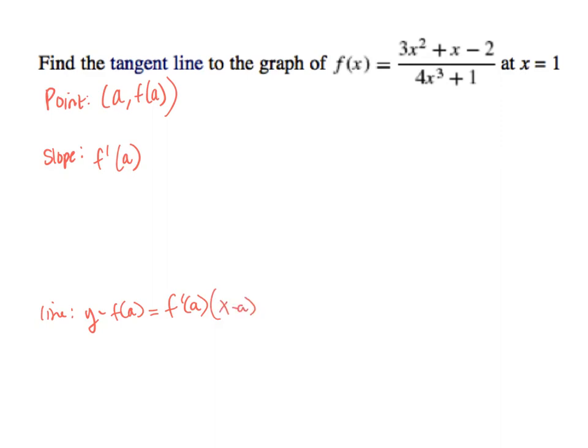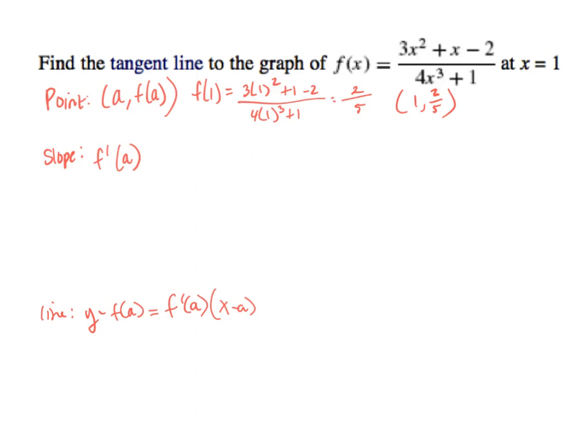So the a value is 1 in this case, so I need to know what f of 1 is. So 3 plus 1 is 4, minus 2 is 2 up top, over 4 plus 1 is 5. So 1 comma 2 fifths is our ordered pair, is our point.